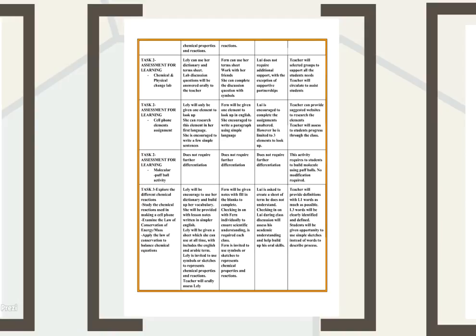And Lily would be encouraged to use her dictionary or her iPad to build up that vocabulary. She'd be provided notes with simpler English than the ones that are provided on the board, or smaller sentences and broken up, and with visual diagrams or pictures to support the learning. She, like we said, has her term sheet that has the Arabic word to support it, and as much as possible, she's being asked to describe her understanding to the teacher orally.